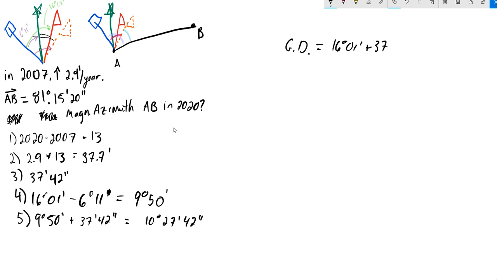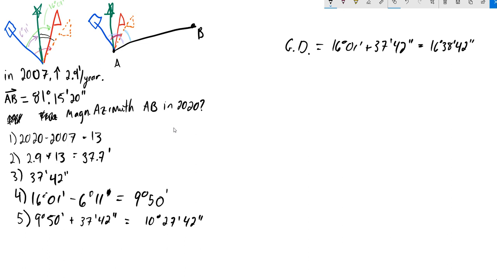So I have 37 minutes 42 seconds, and that's going to give me 38 minutes, 42 seconds, and 16 degrees. So that's going from here to the grid declination.